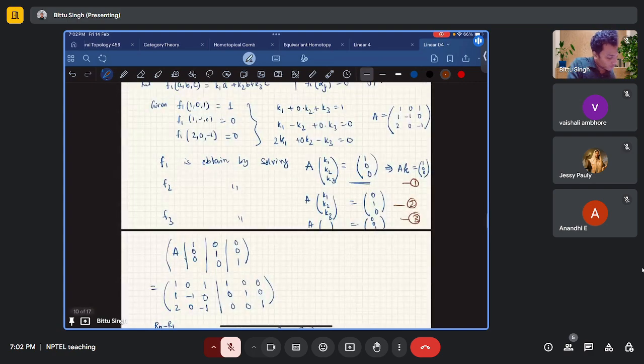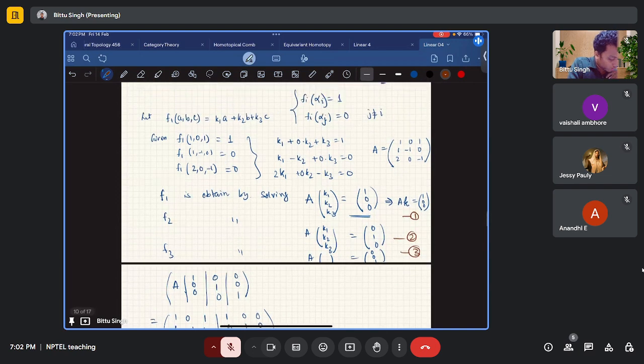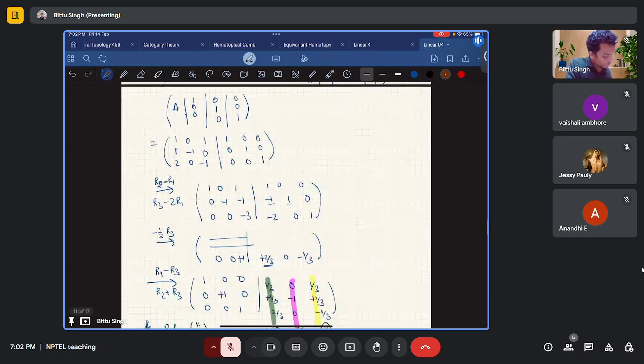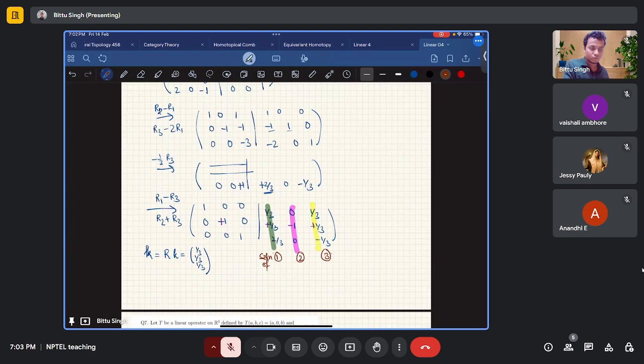But what we are really trying to find is this f1. F1 is same as k1 a plus k2 b plus k3 c. But this k1, k2, k3 is given by the solution of the first equation. So solution of the first equation is 1/3, 1/3, 2/3.